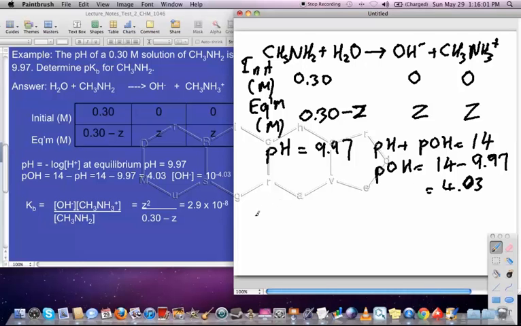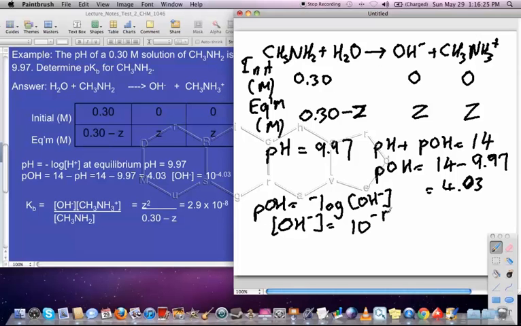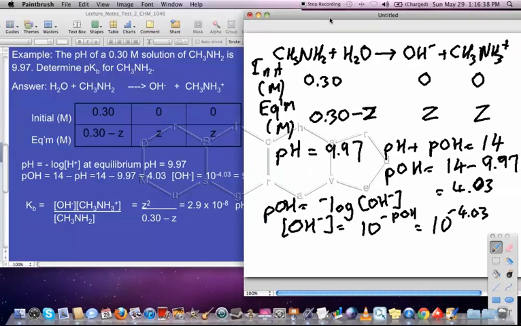Now here's what we know. We know that pOH equals the negative log of the OH minus concentration. From there we can find the concentration of OH minus will be 10 to the negative pOH, which would be 10 to the negative 4.03, which equals 9.33 times 10 to the negative 5 molar.